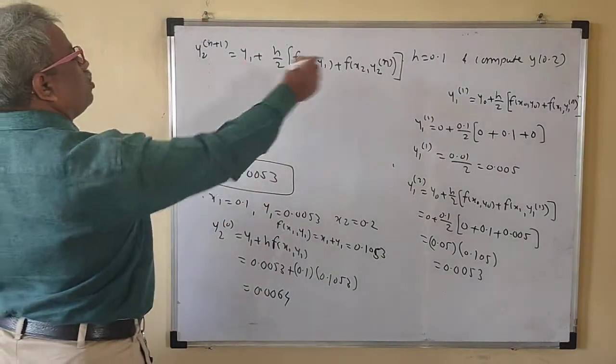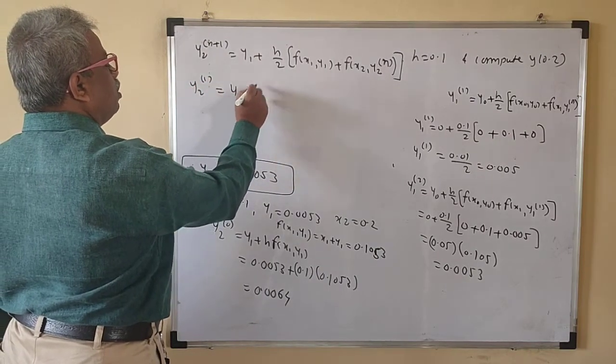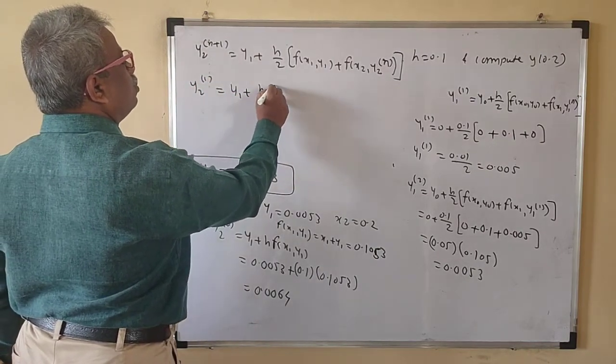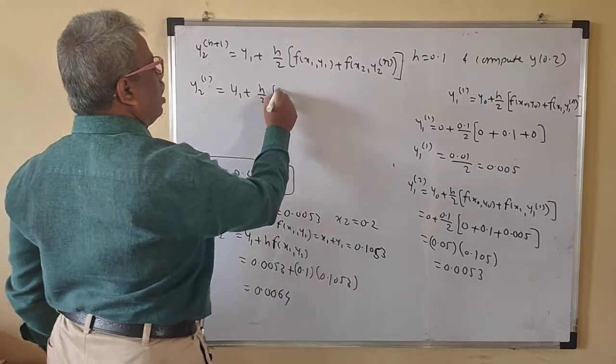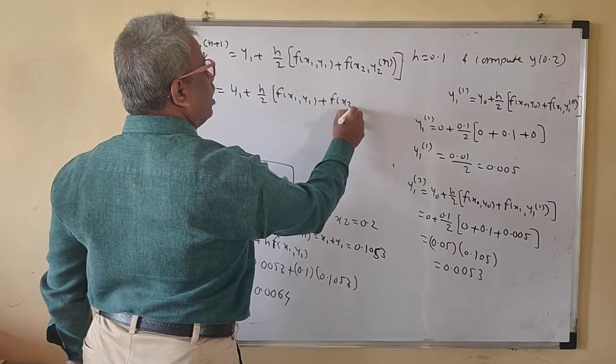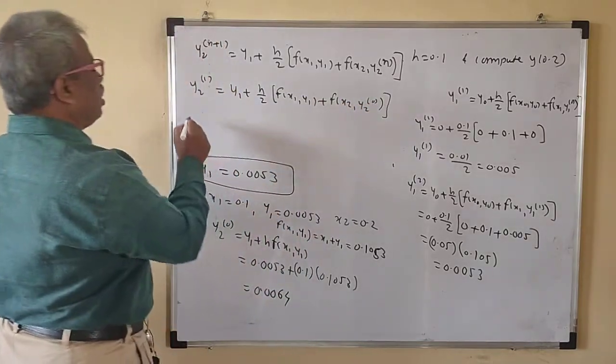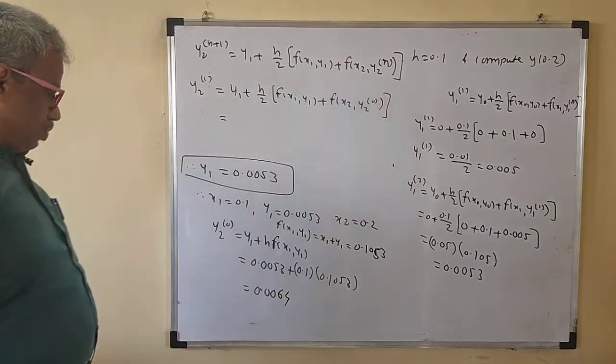So for n equal to 0, we will get y2 of 1, that is y1 plus h by 2 f of x1 y1 plus f of x2 y2 of 0. Okay, so we will directly write the values.